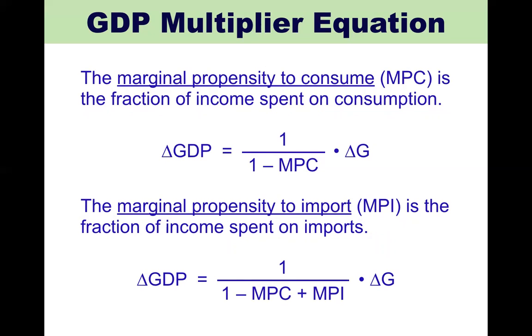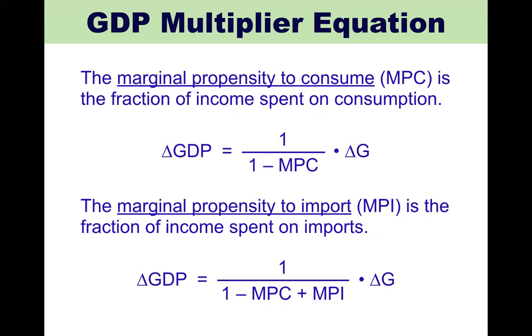So imagine the recessionary gap, which means how big the gap is between the natural level of output and our current level of output. So let's say that recessionary gap is $10 million.